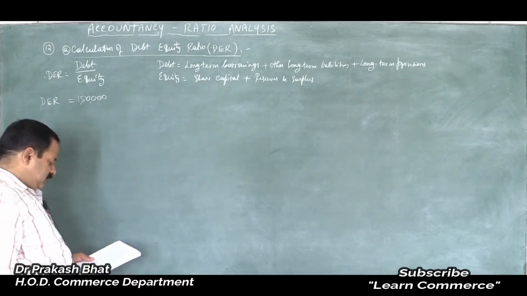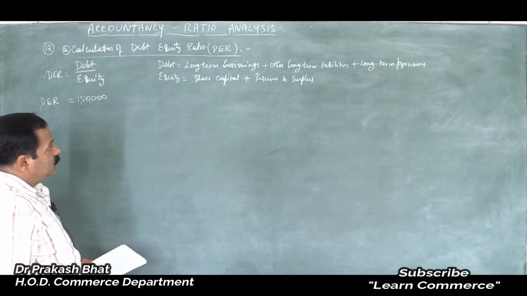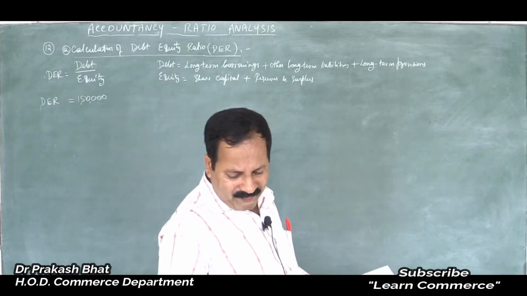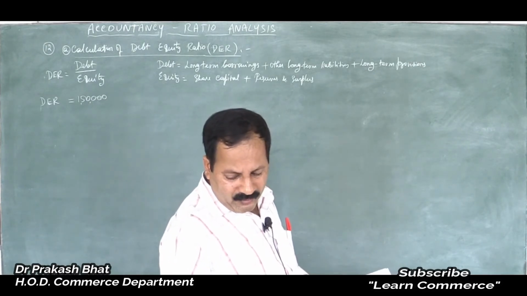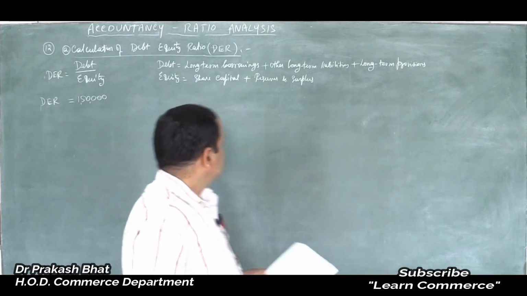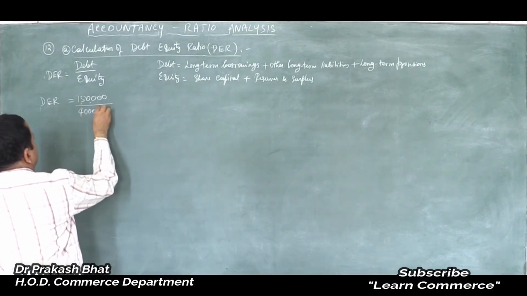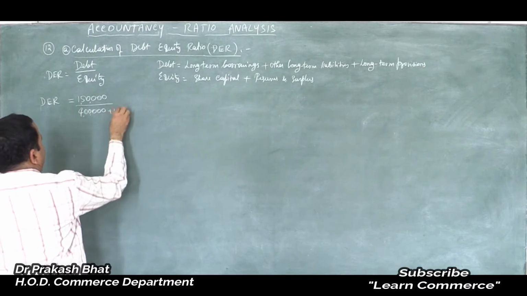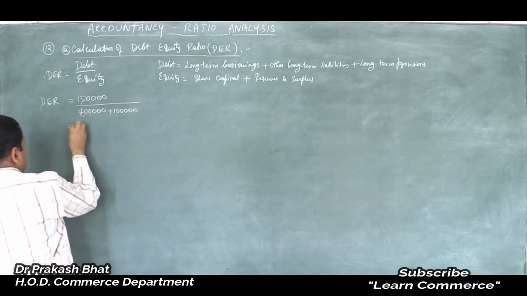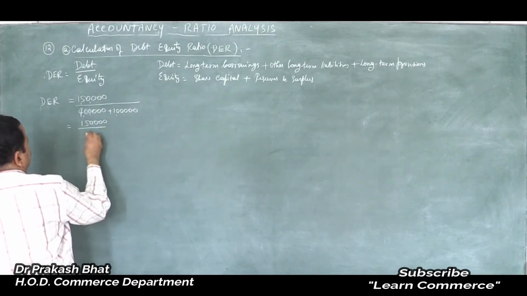1,50,000 divided by equity. Share capital is there, and reserves and surplus is also there: share capital 4 lakh, reserves and surplus 1 lakh. So divided by 4 lakh plus 1 lakh, is equal to 1,50,000 divided by 5 lakh.